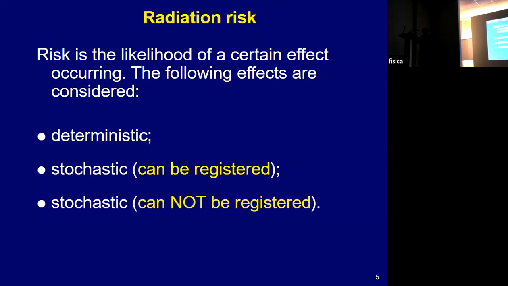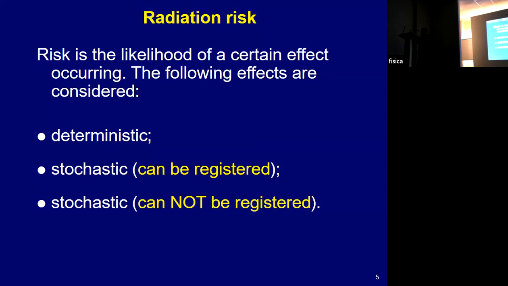These effects fall into two categories: deterministic radiation effects, for which the relationship between the radiation dose and the development of the effect is more or less unambiguous, or deterministic, and stochastic effects of radiation, for which such a relationship is probabilistic, or stochastic, in nature. This category of stochastic effects includes cancer and inherited diseases like genetic effects.